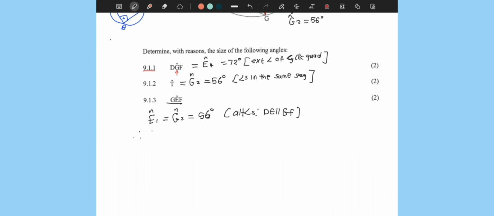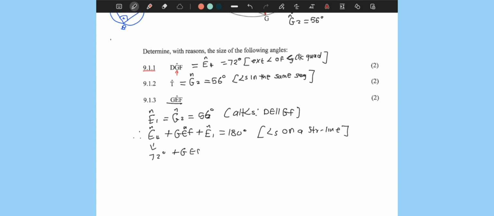E4 plus this GEF, the one I'm looking for, plus E1 equals 180 degrees. The reason being, these are the angles on a straight line. So this E4 is 72 degrees.